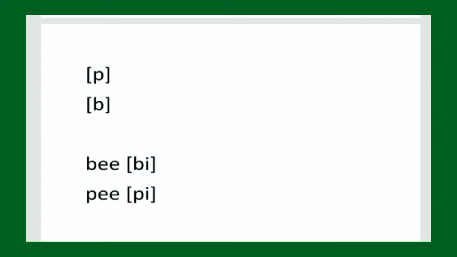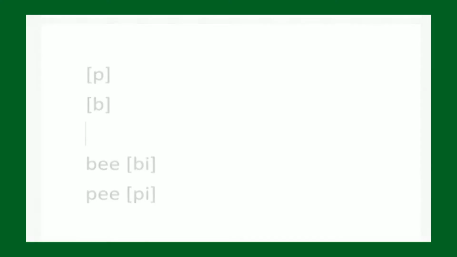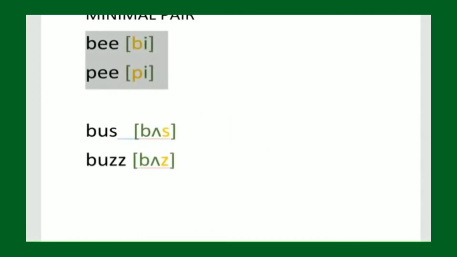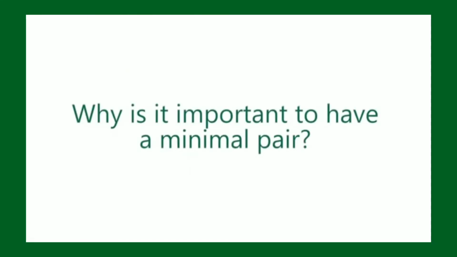Now we can introduce a new concept, minimal pair. What is a minimal pair? Here I'm providing a minimal pair for ba and pa. So the sounds in question are ba and pa. But here you're providing a minimal pair for sa and za. Why is it important to have minimal pairs?